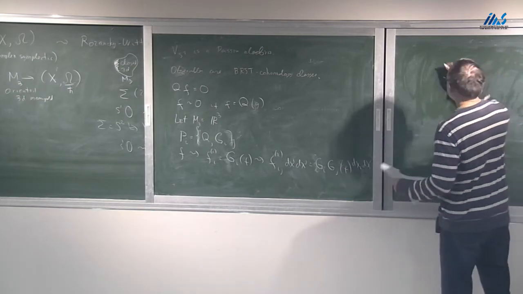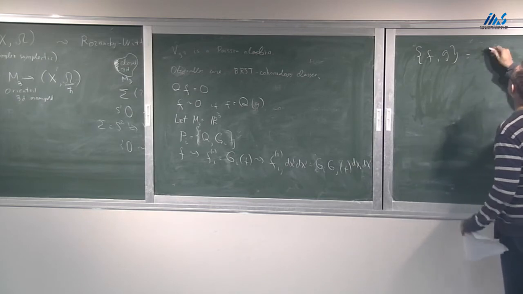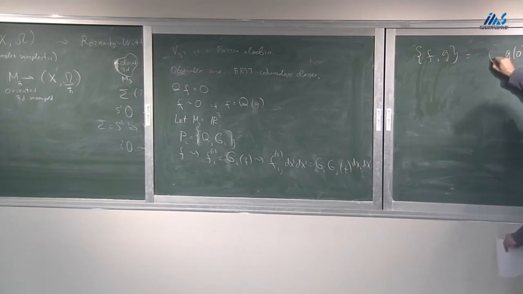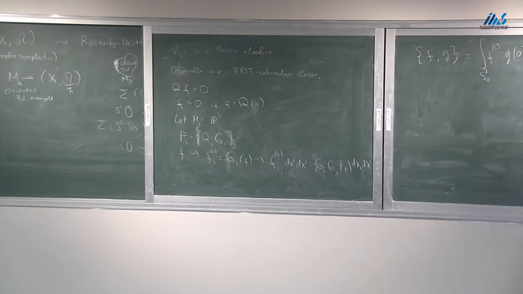So what's the bracket of 2 observables? Well, I take G evaluated at point 0, say on R3, multiply by F^(2), that gives me a 2-form on R3, and then integrate this 2-form on a sphere centered at 0. So this gives you a new observable, and that observable is by definition the Poisson bracket of F and G.